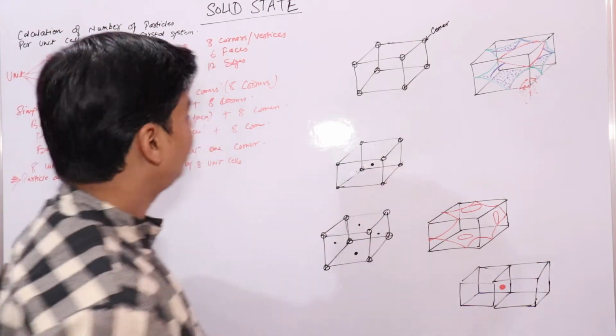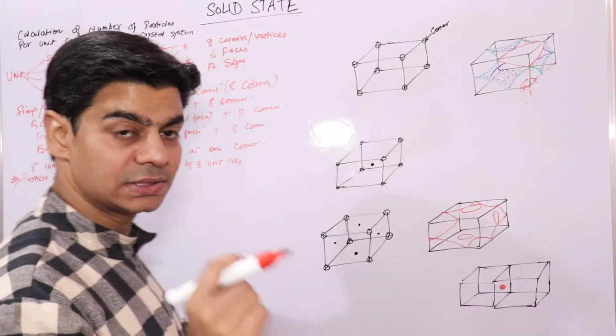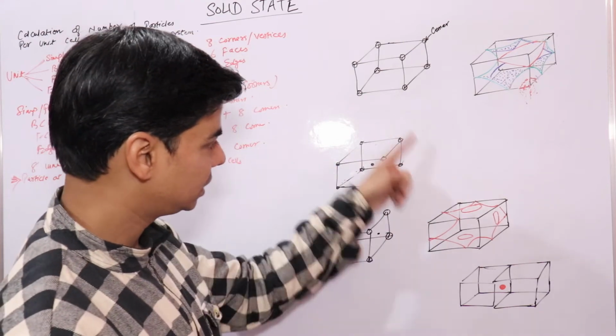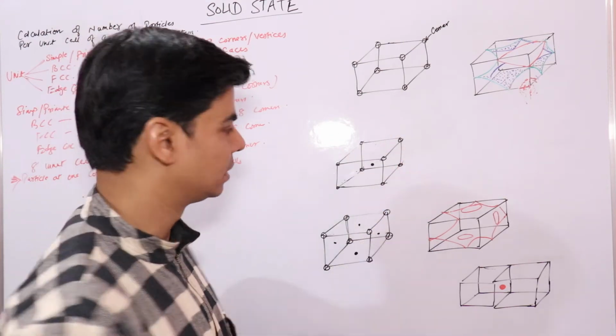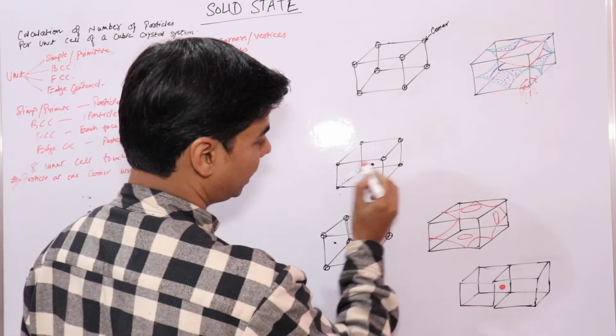Now if we talk about the second one, BCC, it has a particle at the center of the unit cell, like this. This represents the BCC: particles at the 8 corners, and a particle at the center.